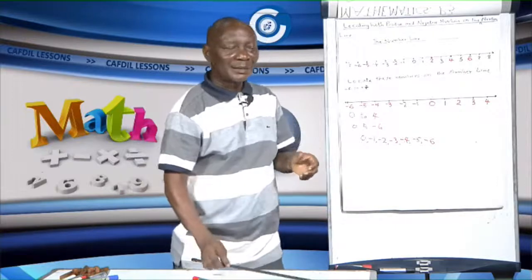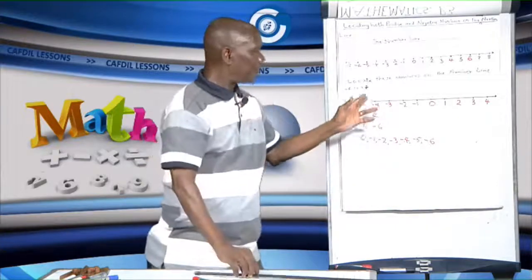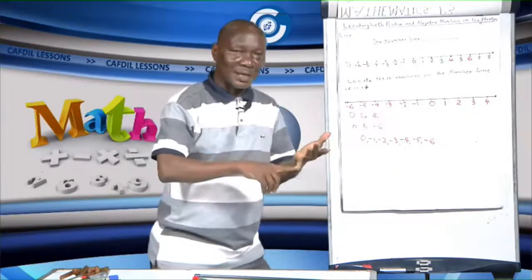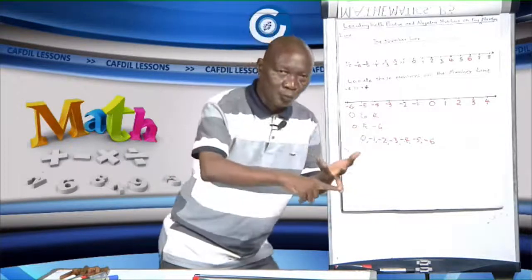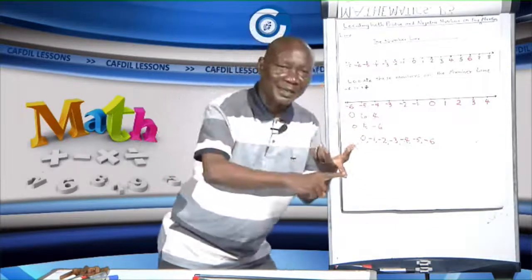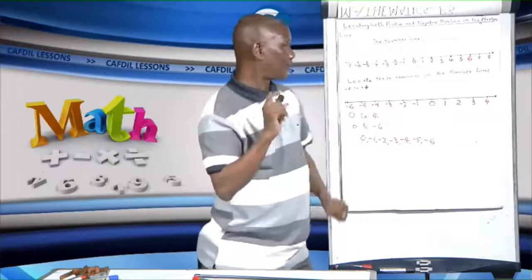So you start with the positive values first. 0, 1, 2, 3, 4.